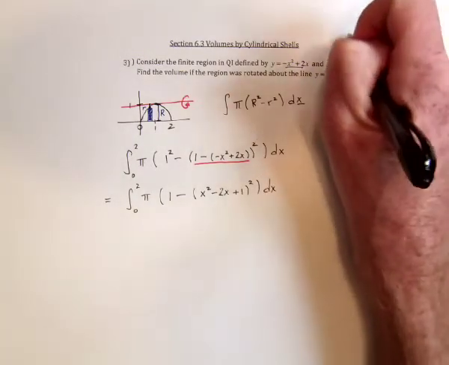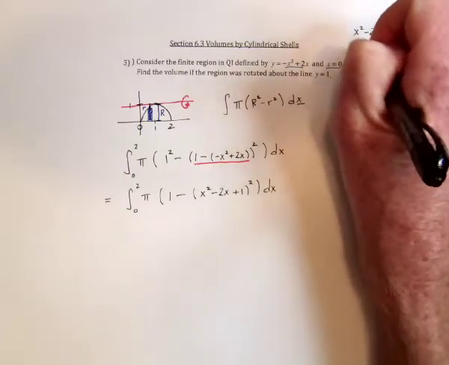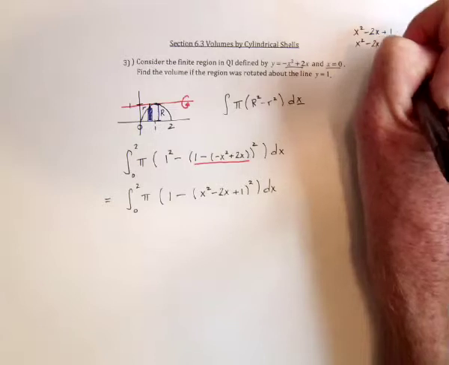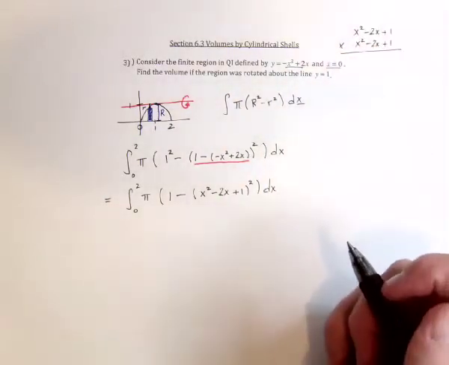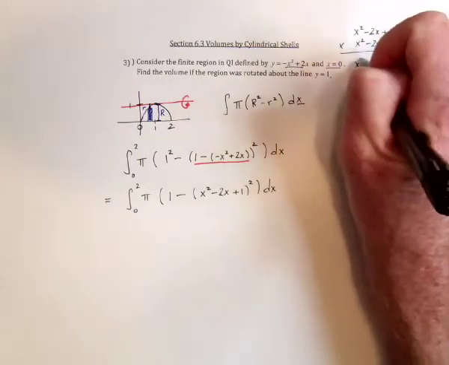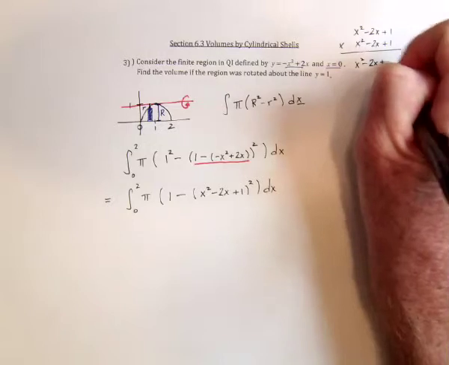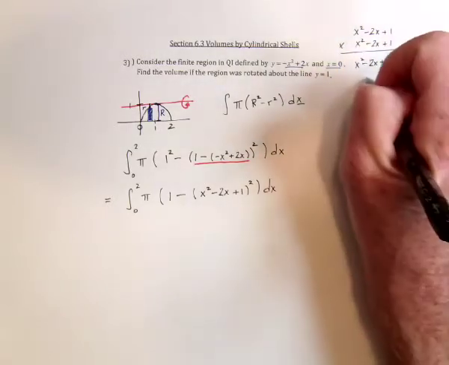Or over here in the scratch paper, I could say x squared minus 2x plus 1 times x squared minus 2x plus 1, and sort of use long multiplication, reminding me of 3rd grade. So take the 1 and multiply it with these 3 guys. Take the negative 2x and multiply it with these 3 guys.